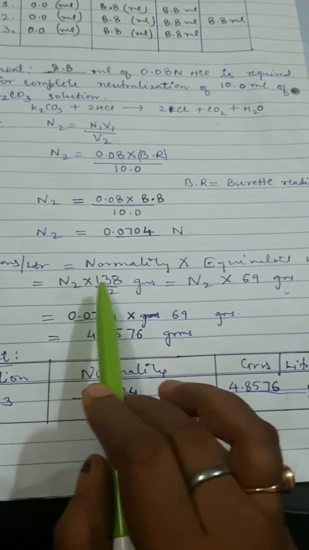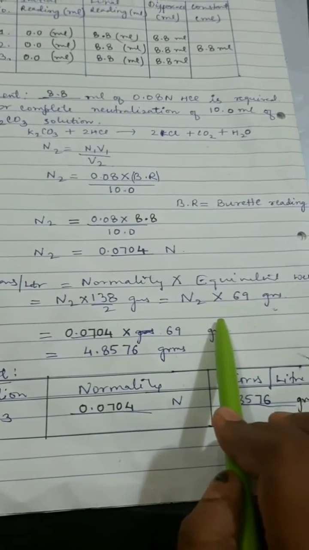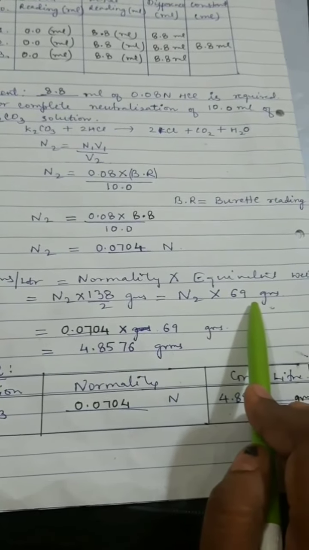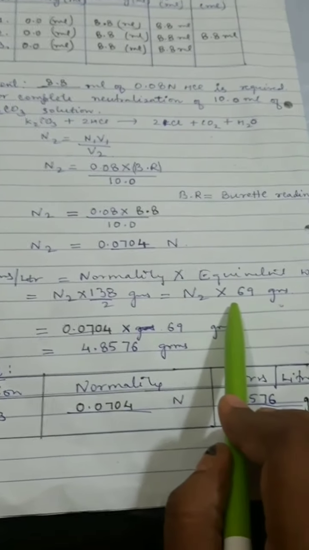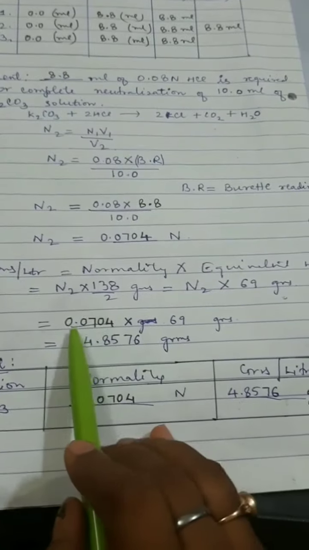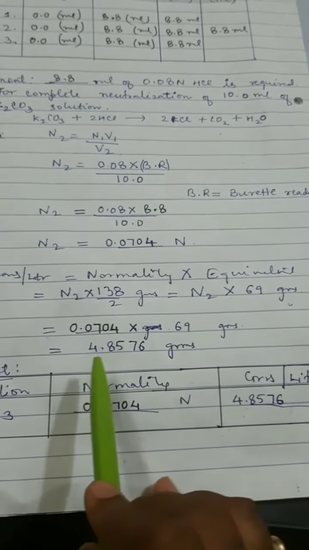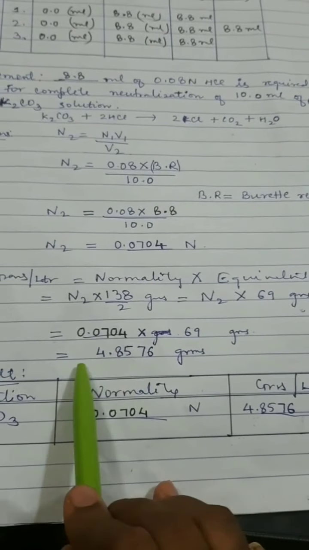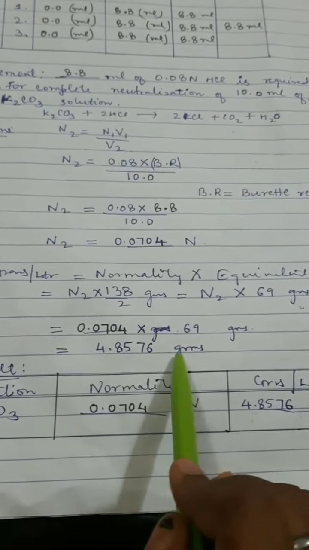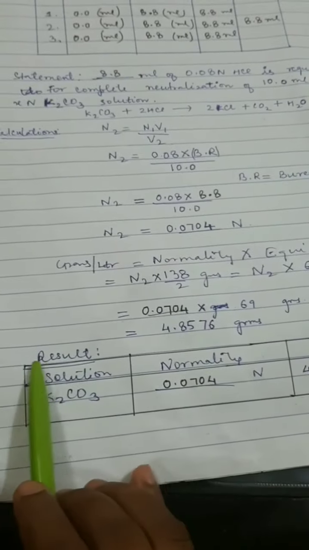So we will multiply this with the equivalent weight of K2CO3. The equivalent weight of K2CO3 is 69. So we will multiply both of them: 0.0704 multiplied by 69. We will get the strength as 4.8576 grams. Okay, so this is the result.